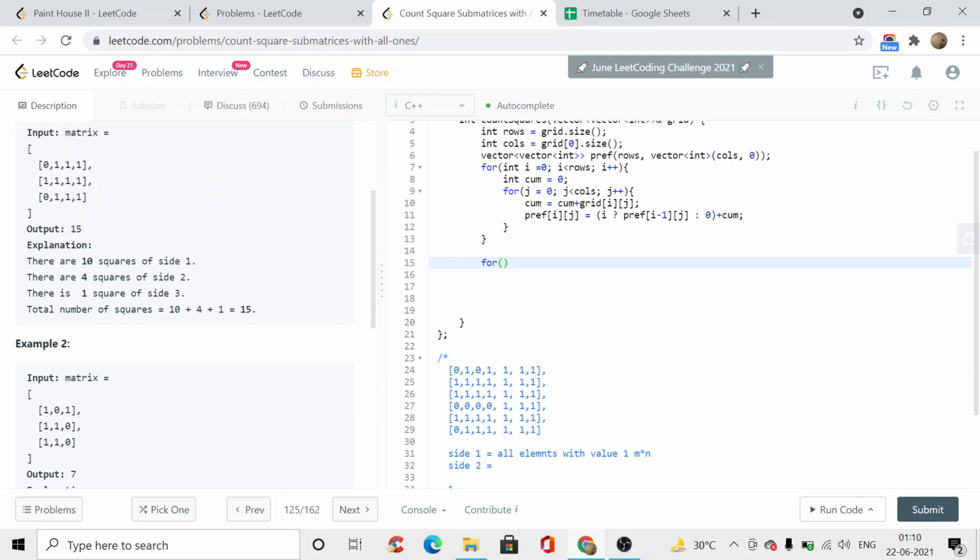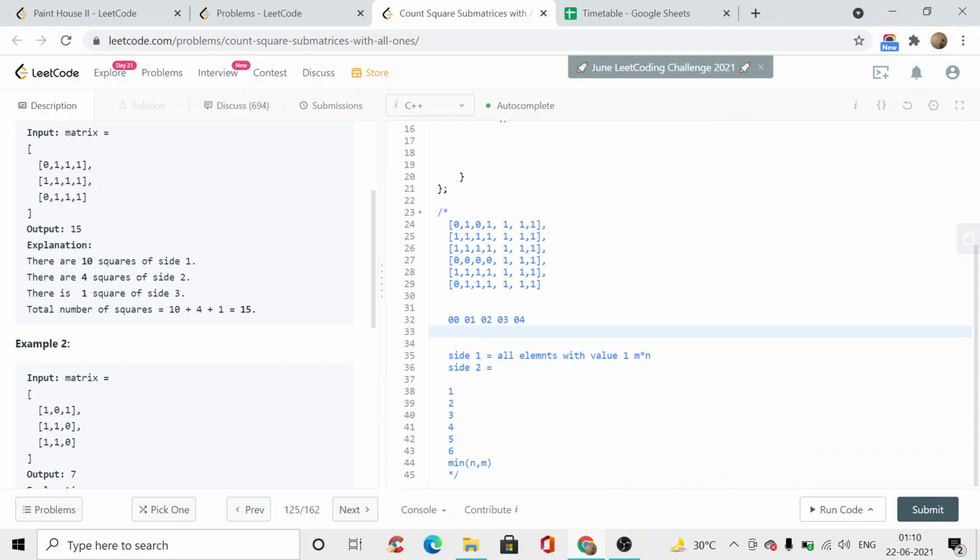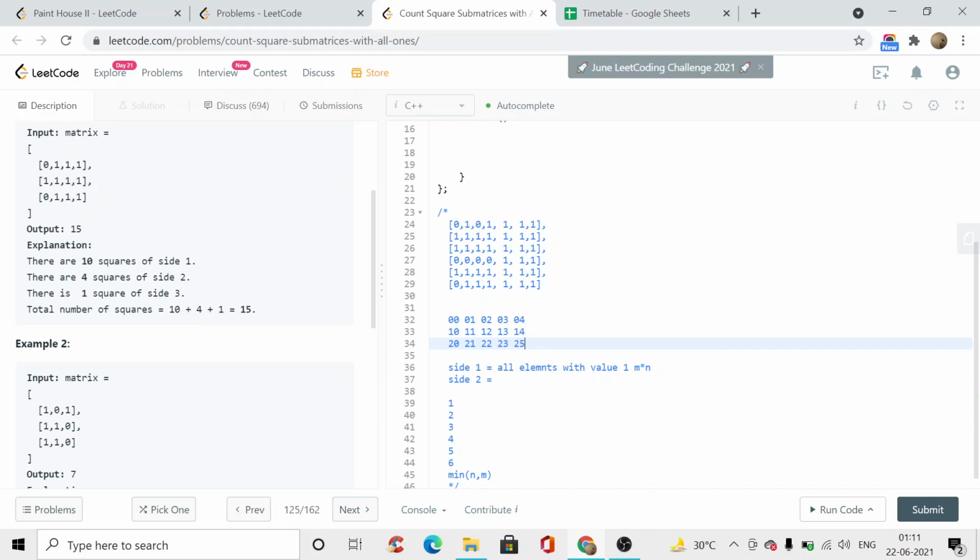So whenever I'm at a position, I will try to find all the squares which are possible with this. So let me just write 0 0, 0 1, 0 2, 0 3, 0 4. Then it is 1 0, 1 1, 1 2, 1 3, 1 4, then 2 4.